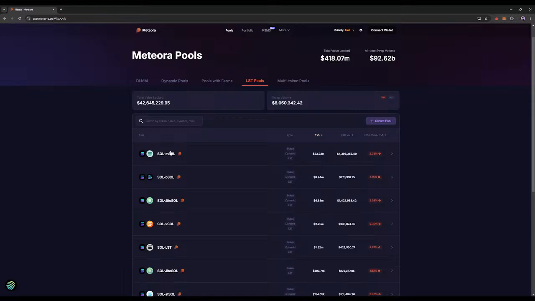That means every epoch, the price of MSOL slightly increases relative to Sol. That's how these LSTs function, right? The price of these LSTs is always increasing very slightly every Solana epoch. That is, I think, about 4 or 5 days. I don't exactly remember, but something like that.